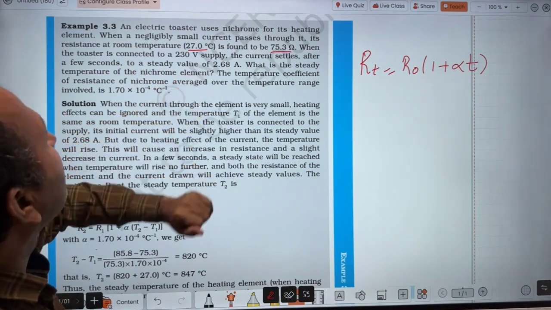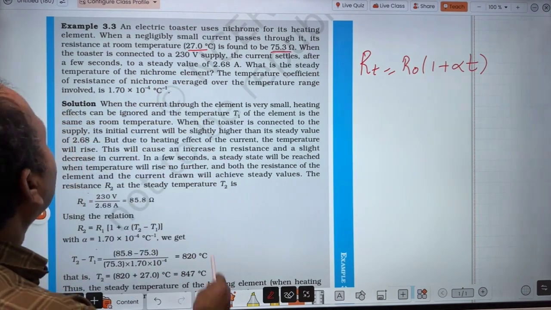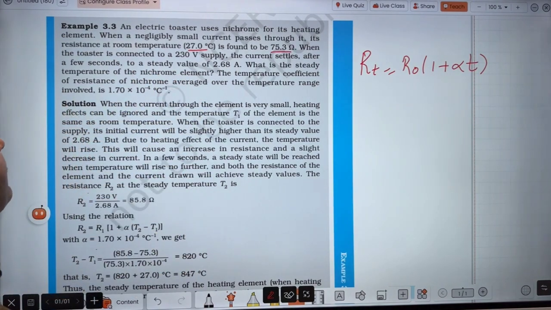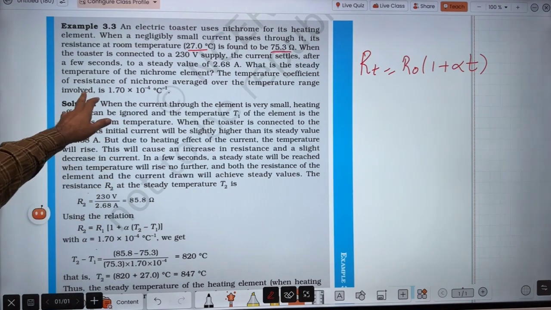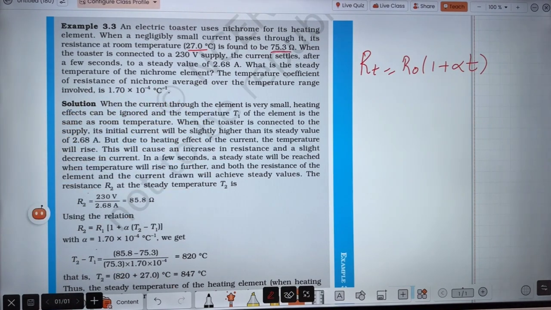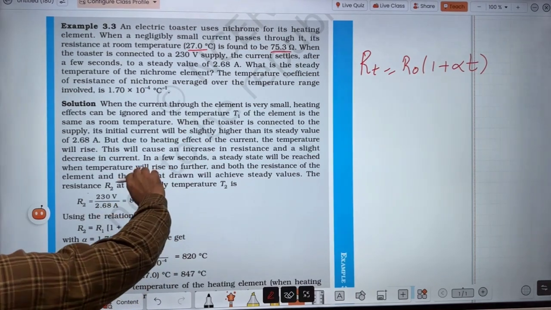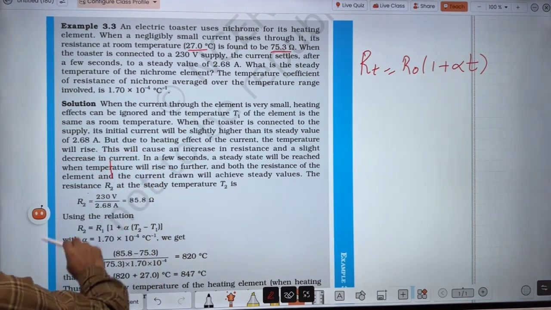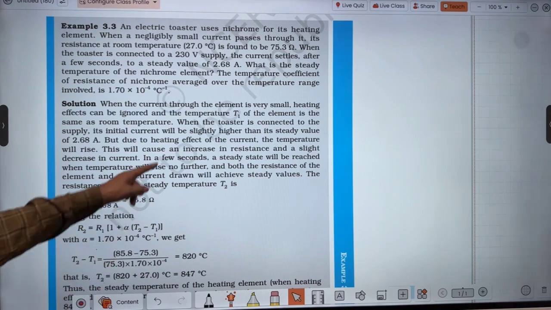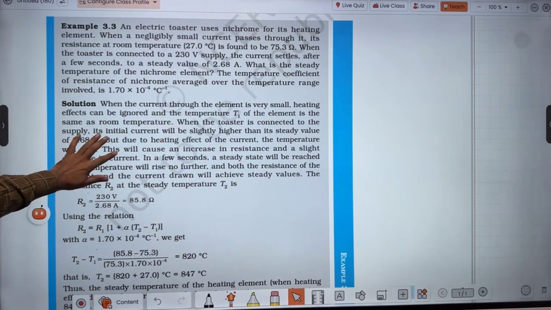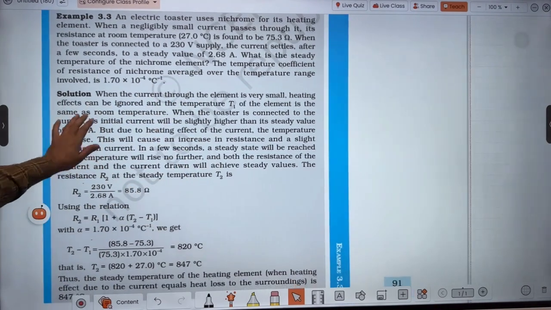So again, we can evaluate the new resistance, and the temperature coefficient is given. Our concern is to find the steady temperature of the nichrome element. So this can be easily found. So let's see what the resistance is in the second case. In the first case, resistance is given. In the second case, we have to find out the resistance.